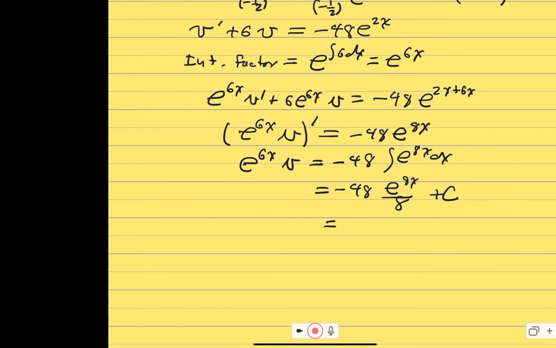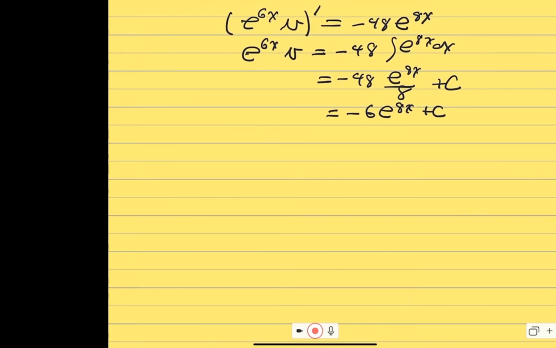And let's see, 8 goes into 48 6 times, so that's minus 6 e to the 8x plus c. So now multiply by e to the minus 6x to isolate the v. So v is e to the minus 6x times minus 6 e to the 8x plus c.